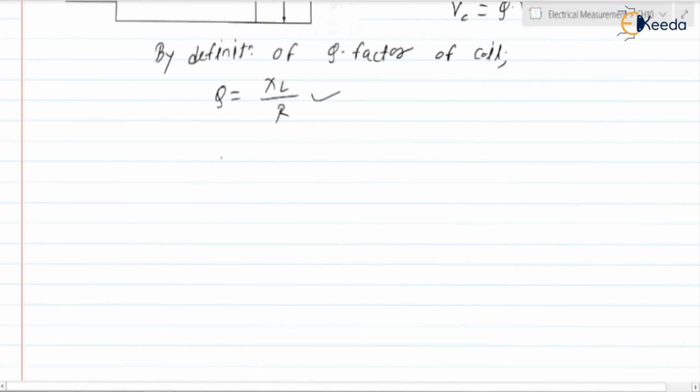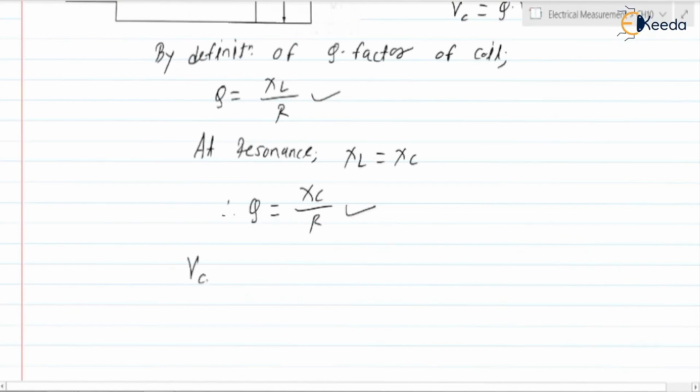Next, at resonance we have XL equal to XC, so we can write Q is equal to XC by R, because XL and XC both are same.